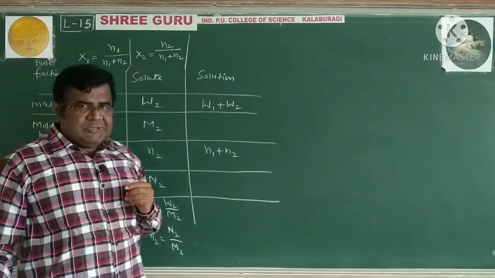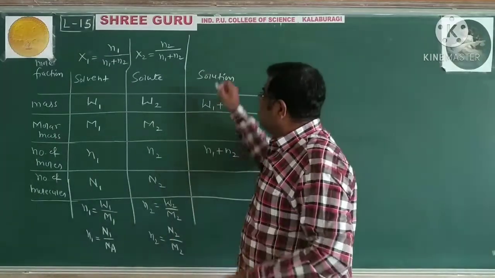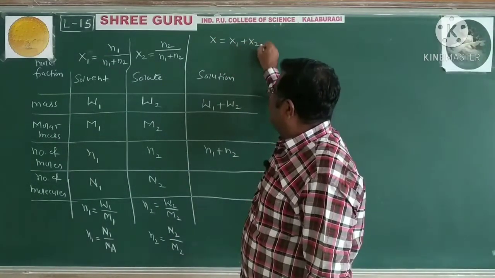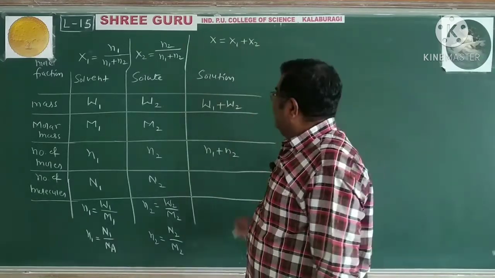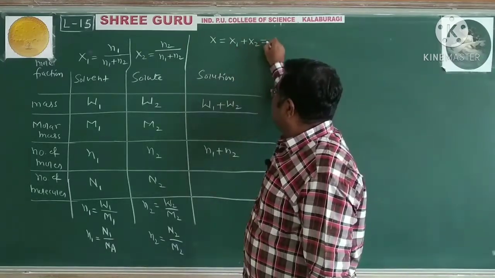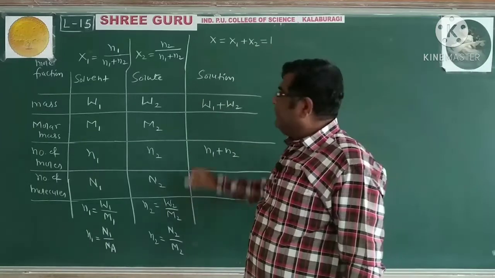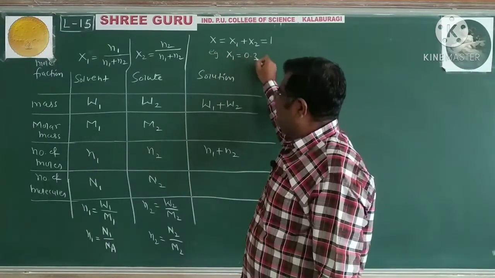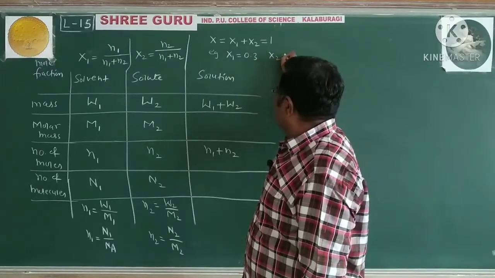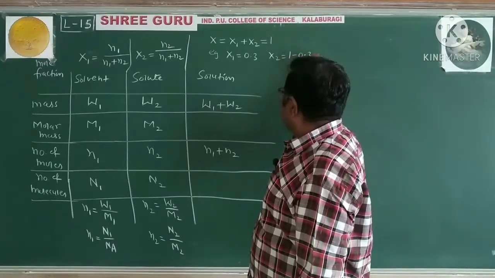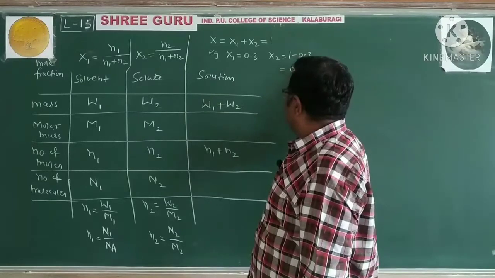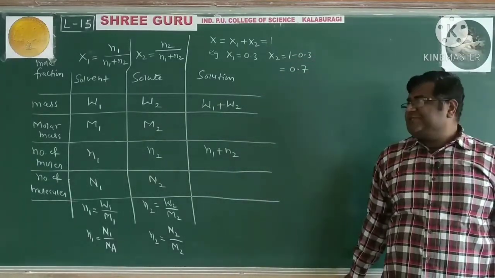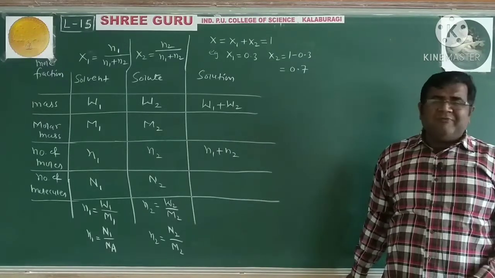For the solution, it is just denoted as x. x1 plus x2 equals 1. It means if x1 is equal to 0.3, x2 is equal to 1 minus 0.3 equals 0.7. This is the way in which mole fractions are expressed. What is mole fraction?